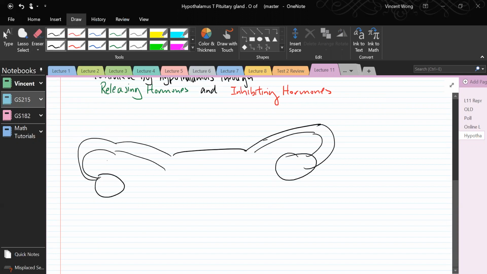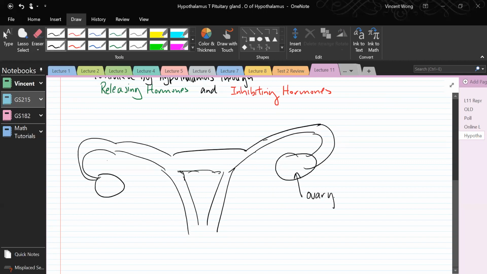There's the ovary, and then there's going to be the uterus. So let's just go through some basic terms. Here we have, again, the ovary. So 2 ovaries, 1 on each side. And then we have the oviduct or fallopian tube.